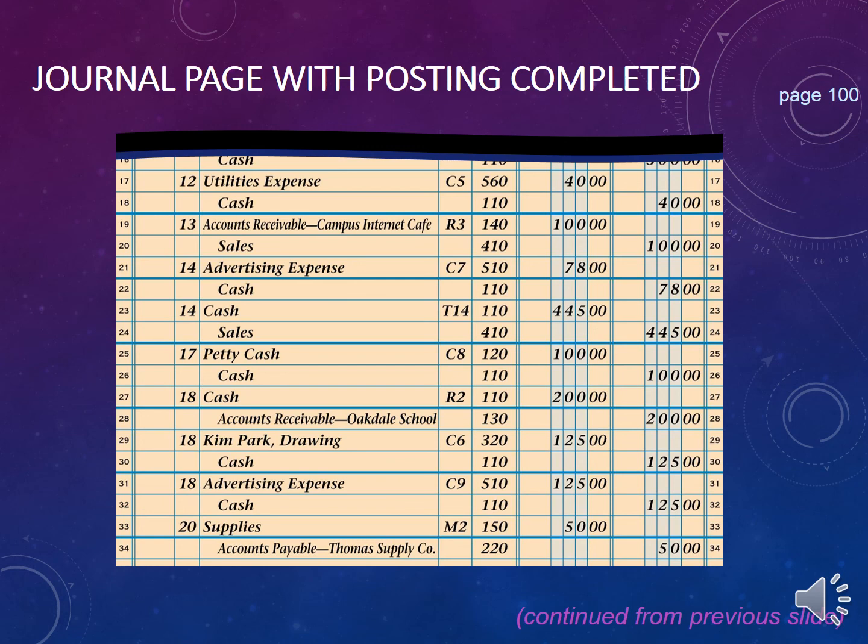You are required to post every time you record from the general journal and post into the general ledger. If you leave a post-reference column blank in the general journal, you will lose 1 point for each blank post-reference column.